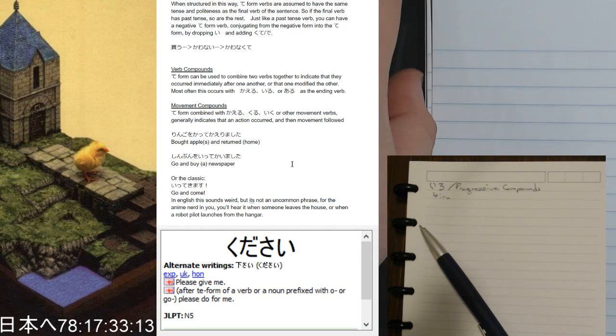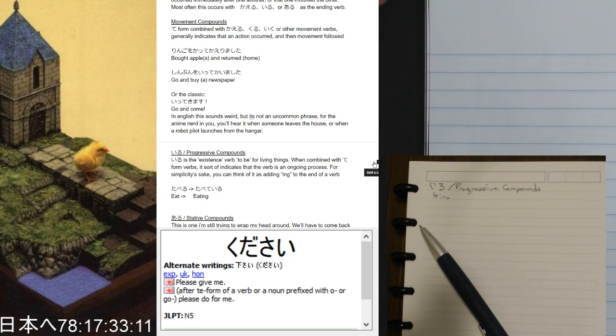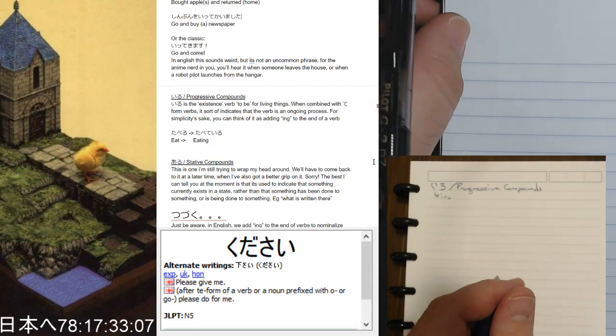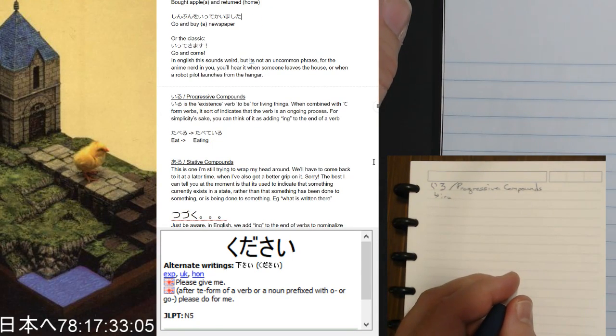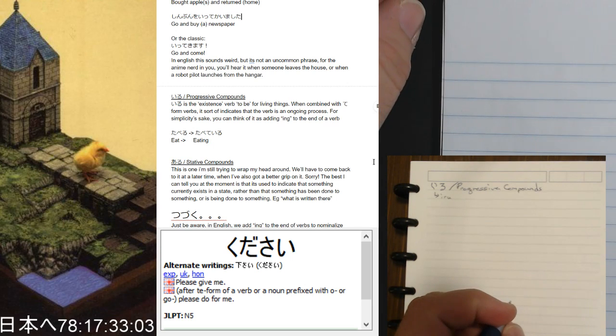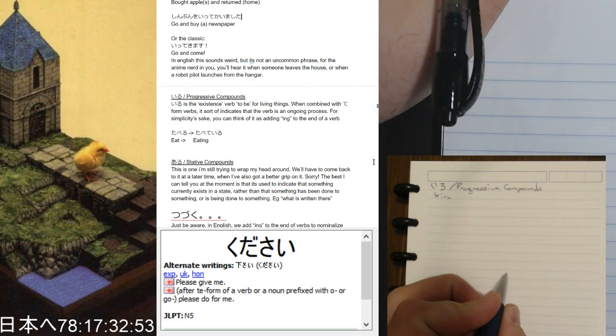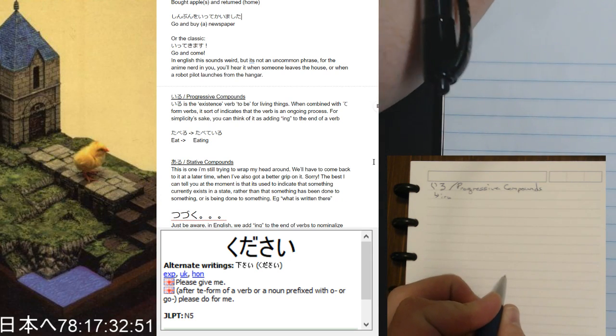Are you ready for progressive verbs then? So you already understand what progressive verbs are in English. A lot of people will call them ing verbs.